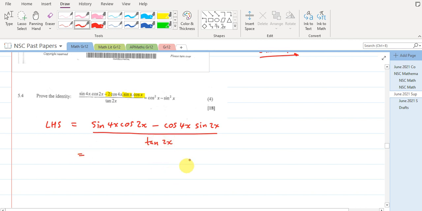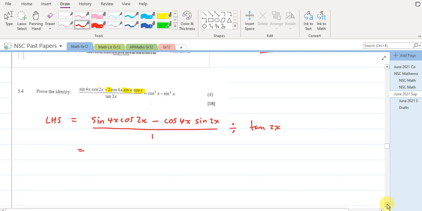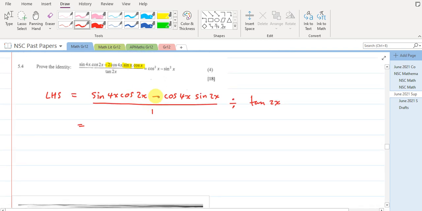Usually when I have tan in the denominator, I rather write it as over 1 divided by tan 2x, right, like that. Now what we have here is sine cos, cos sine, so that's clearly an expansion for sine. So we got sine 4x minus 2x, and we're dividing it by tan, so we divide by sine 2x over cos 2x, right.